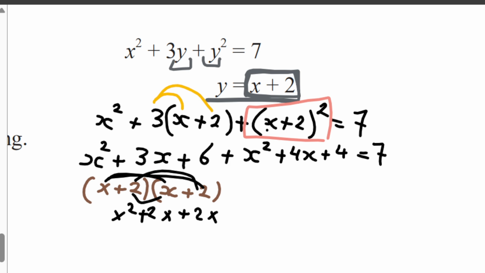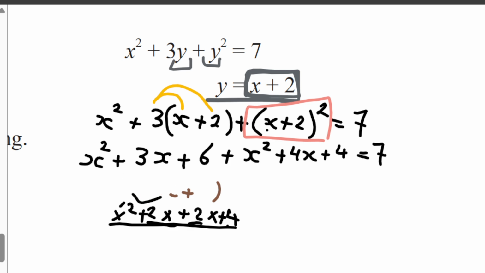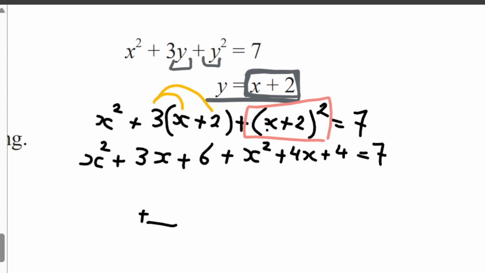And 2 times 2 is 4. If you add this, x squared, 2x plus 2x is 4x, and plus 4. So we got the same thing. It's up to you. You can expand by FOIL, or you can just know it's the first one squared, plus 2 times the first times the second, plus the second squared.